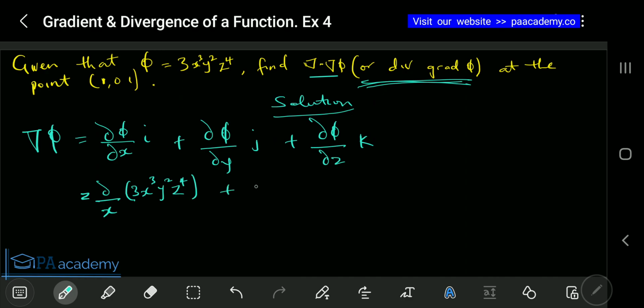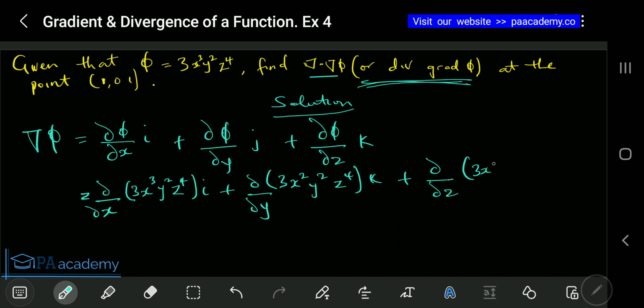plus partial differential of that with respect to y. So don't forget your ijk. So this will also be 3x cubed y squared z raised to power 4, then plus for that of z, and then this is also 3x cubed.